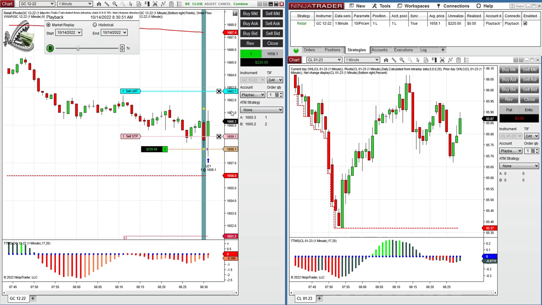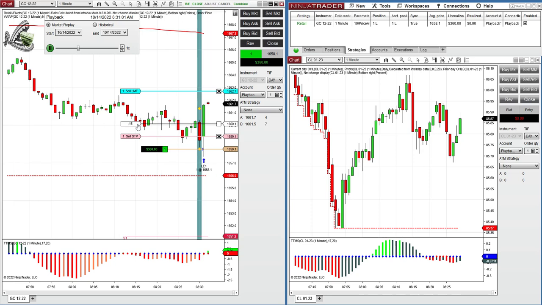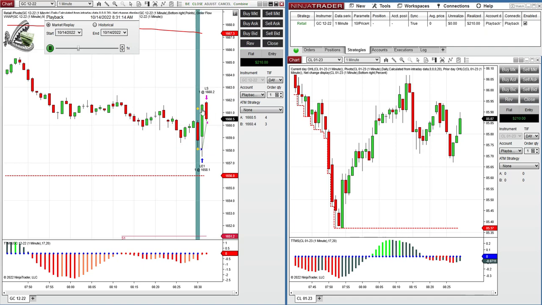Once your stop is above your entry, you're safe and you have a winning trade. Now I could just trail my stop as price keeps going up, right? Make more and more money. Keep extending your target. Hold down the left mouse button and you can drag your targets. Okay, and then it changes direction and we get out with a profit.